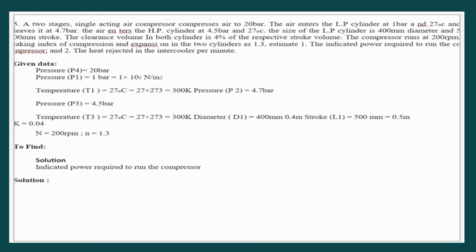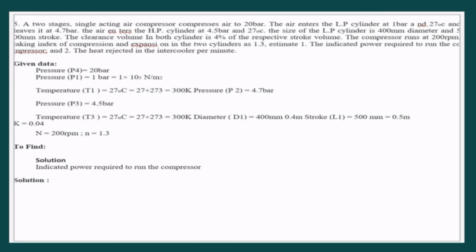For the given data, pressure P4 is equal to 20 bar, pressure P1 is equal to 1 bar or 1 times 10^5 Newton per meter square. Temperature T1 is equal to 27 degrees Celsius, converting to Kelvin, 27 plus 273 is equal to 300 Kelvin.